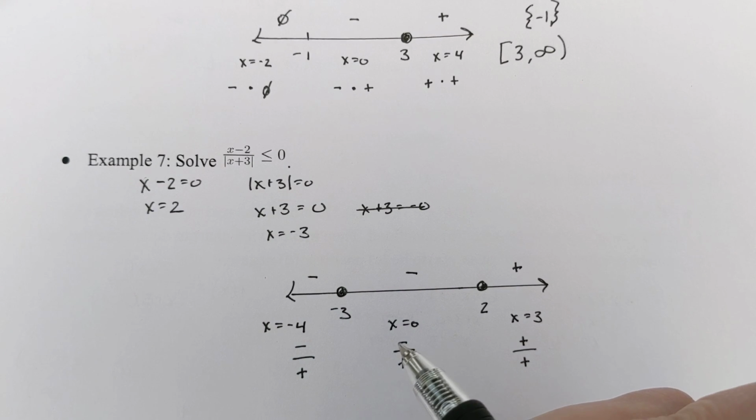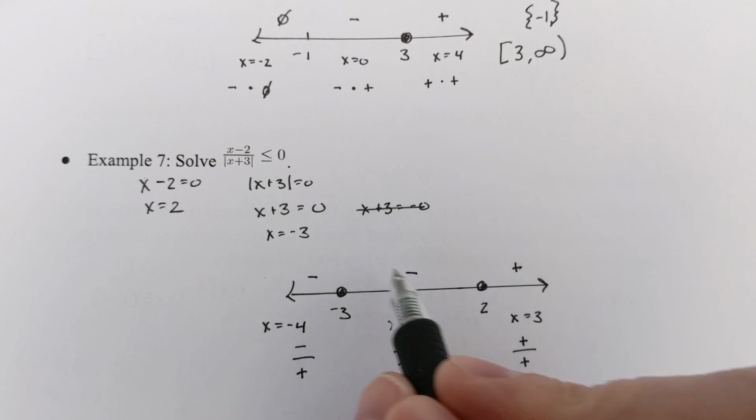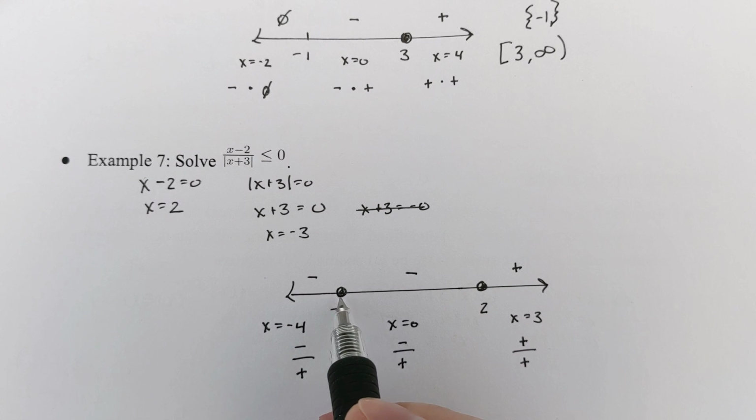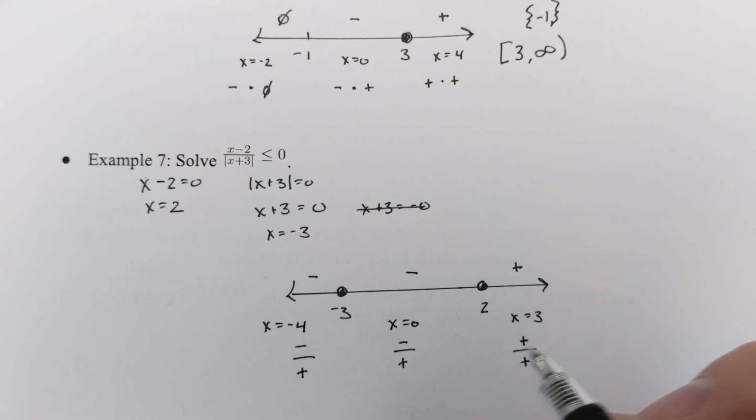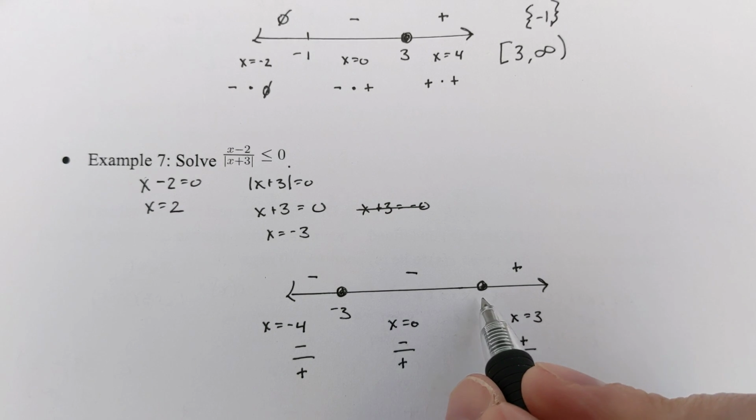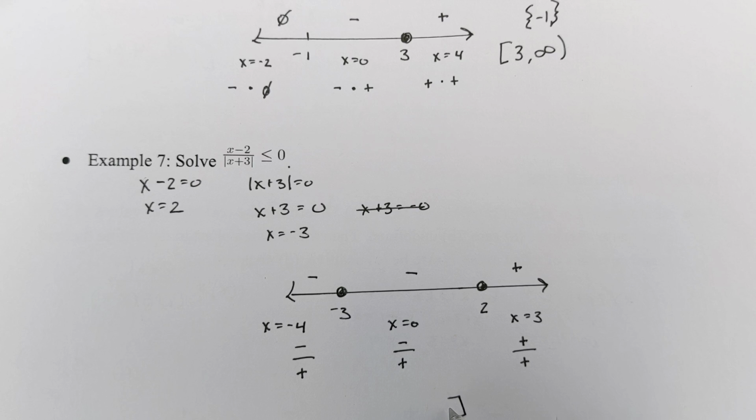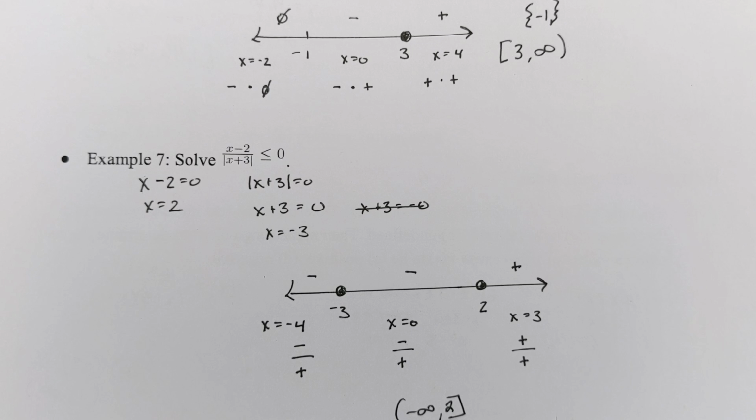So where is this graph less than or equal to 0? It does look like there's 2 sections, but since -3 bridges and -3 counts, I can just do everything less than 2, including 2, because it is actually equal to 0 at 2. So there you go.